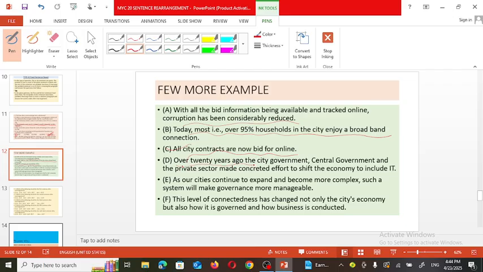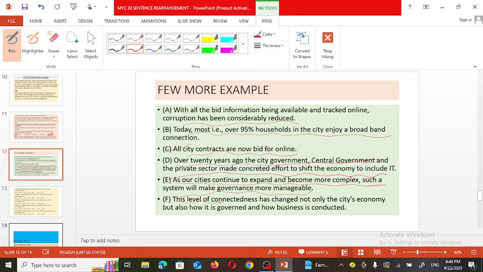Over 20 years ago, the city government, central government, and the private sector made concentrated efforts to shape the economy to include IT. As our cities continue to expand and become more complex, such a system will make governance more manageable.